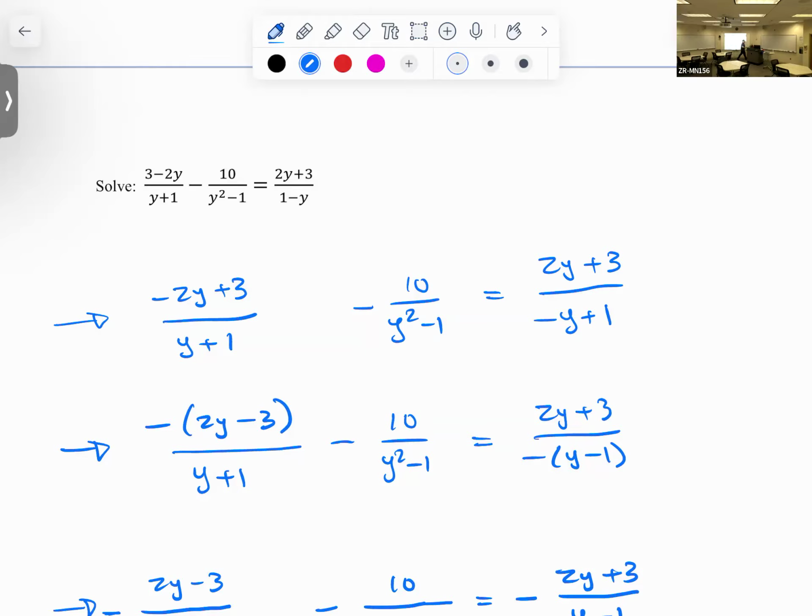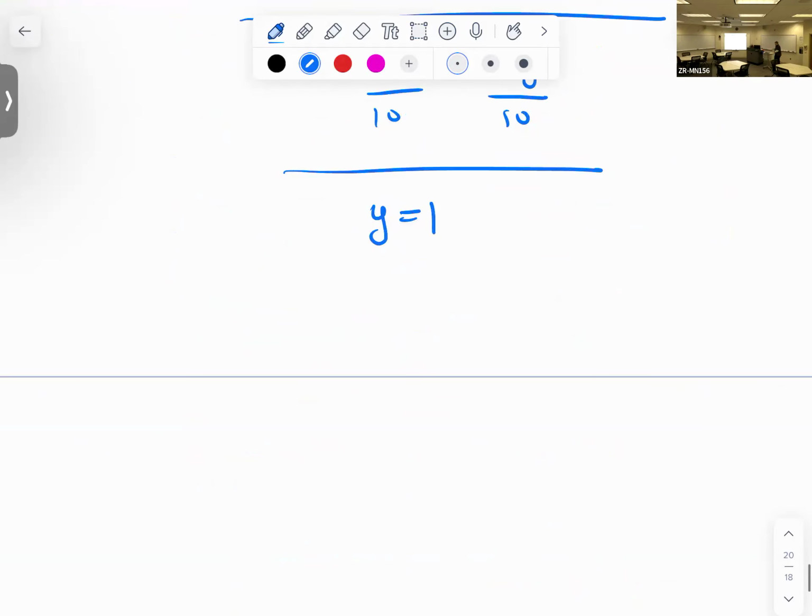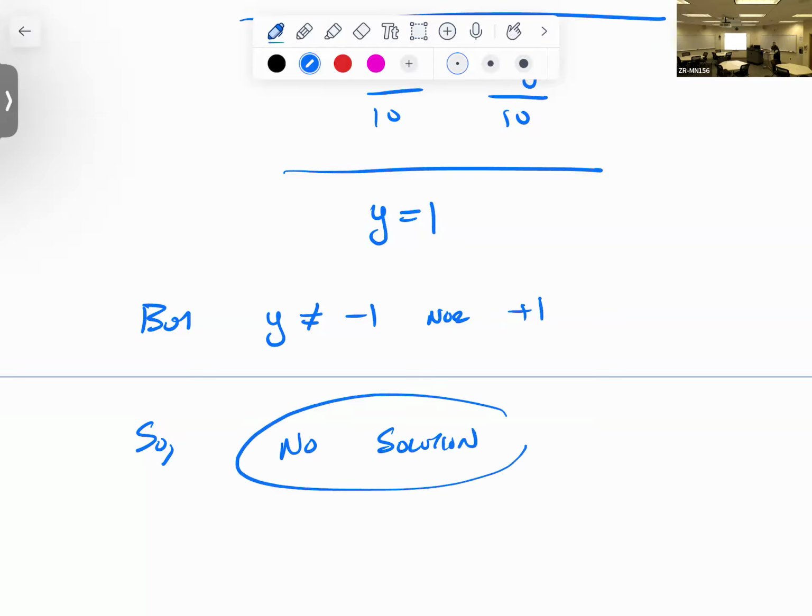I show that to make sure you're checking your denominator, but this is more rare than common. The solving, all those techniques. But y cannot be -1 nor +1, so it's no solution. That's why I was saying, don't get excited, because that's more the exception.